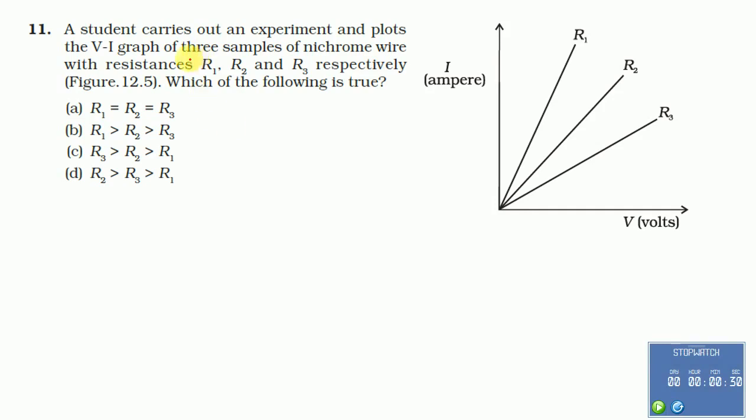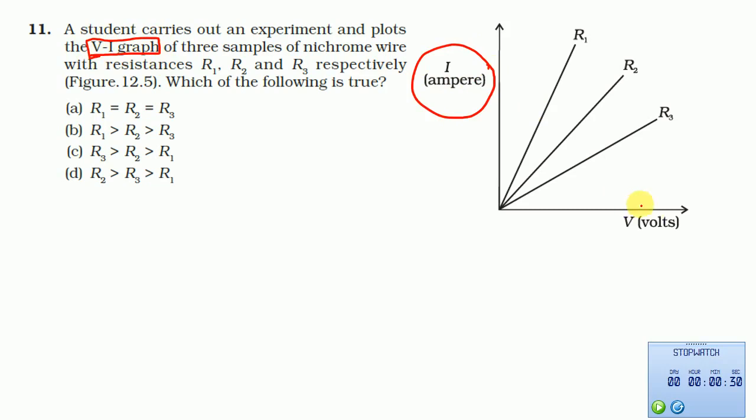It is saying that the student plotted a VI graph, but in the question it is given as an IV graph. So the graph plotted is an IV graph. The slope of a VI graph gives us resistance.